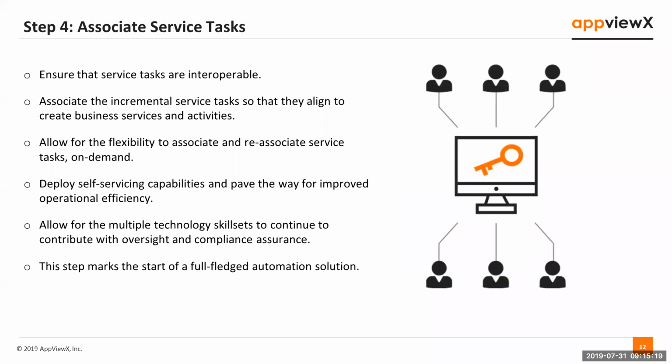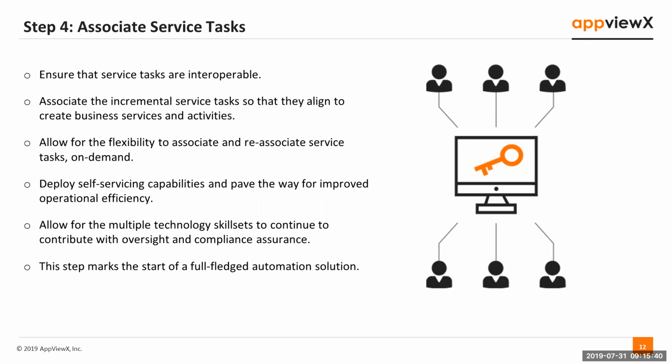Associate the service tasks. Ensure that the service tasks are interoperable. Associate the incremental service tasks so that they align to create business services and activities. Allow for flexibility to associate and reassociate service tasks on demand.